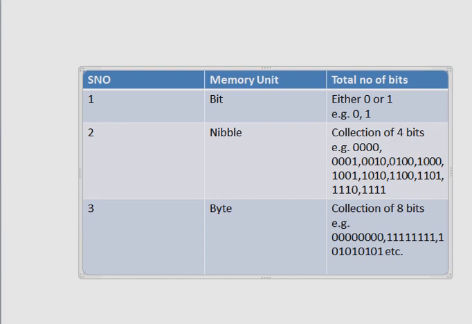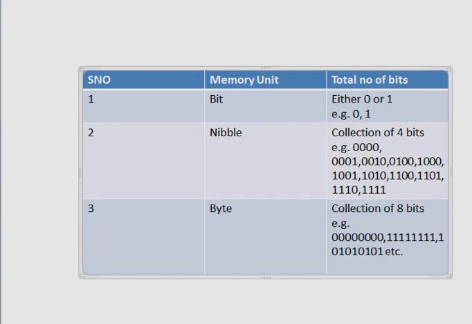Next is byte. Byte is a collection of 8 bits. So if you are creating a binary number with either 0 or 1, but that 0 or 1 is used 8 times in a number, then it means you have created 1 byte. So these were some small units.